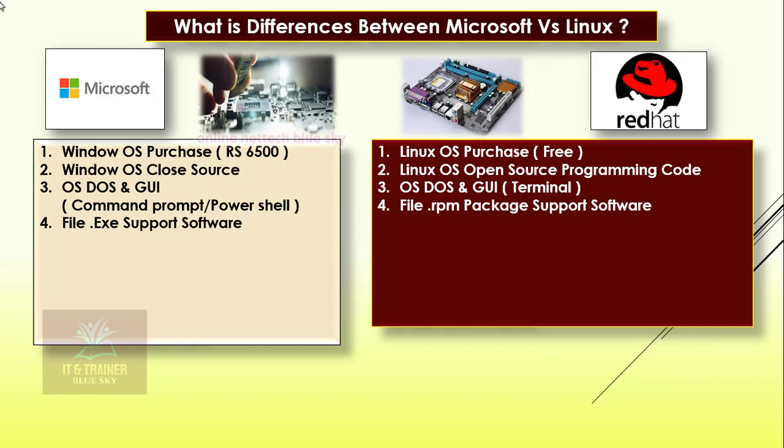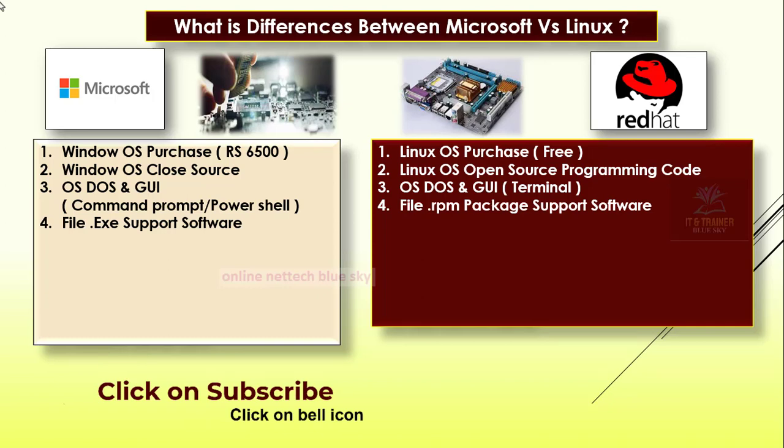RPM package supports only Red Hat Linux type software. If you use exe type software in Red Hat Linux 7 or any Red Hat Linux, you cannot install it because the file is not supported. It only supports RPM packages.